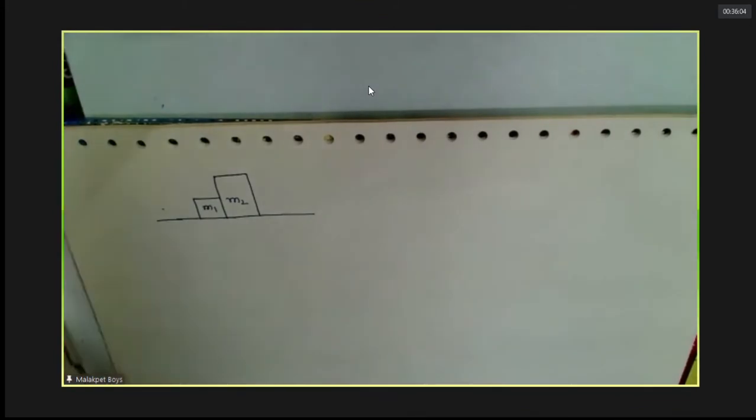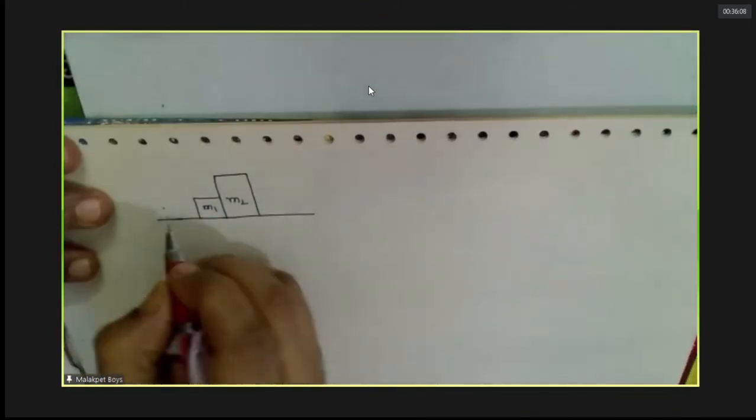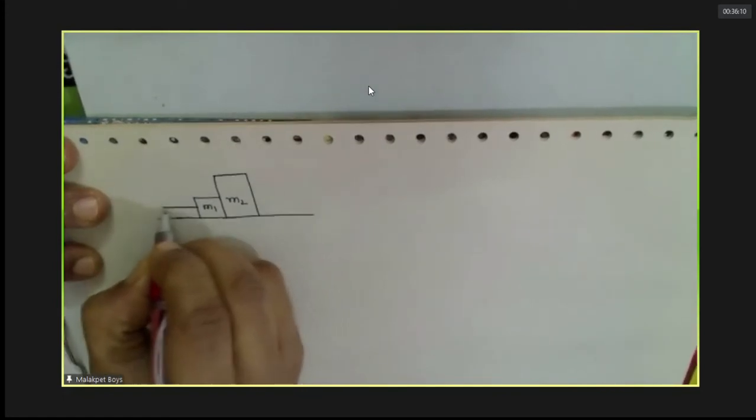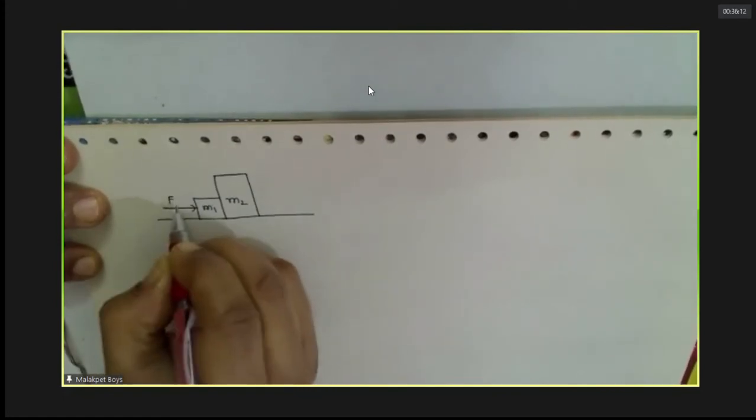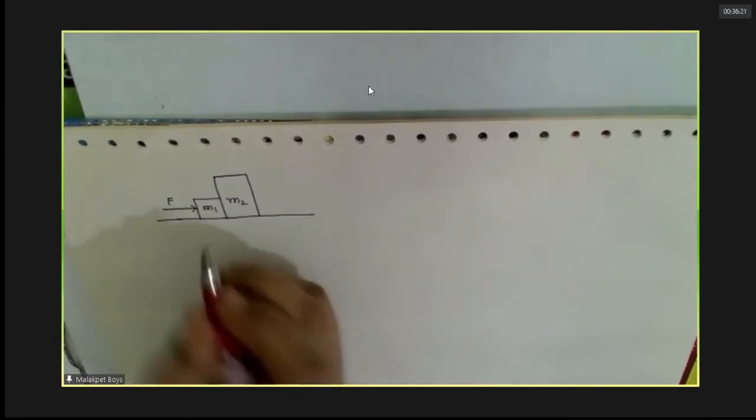I told you that only. There must be a force. If I apply a force now, because of this force, this tries to move right side. So that exists, that causes a push on this. So M2 will immediately give a normal reaction. If this is not there, there won't be any contact force between them. Understood this?